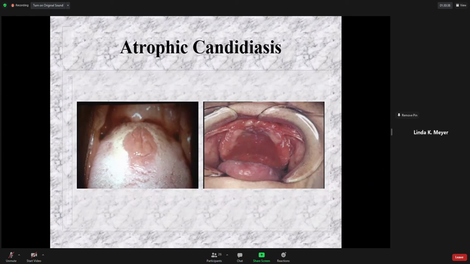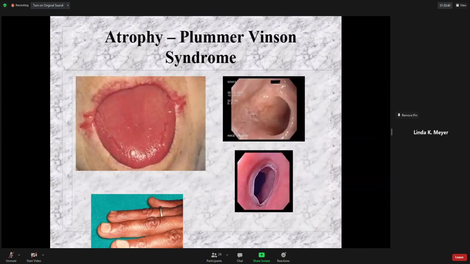And then there's what's called Plummer-Vinson syndrome, which is actually related to iron deficiency. Not only does it cause the atrophy of the tongue, but of the oral mucosa in general, and it can affect the esophagus as well.